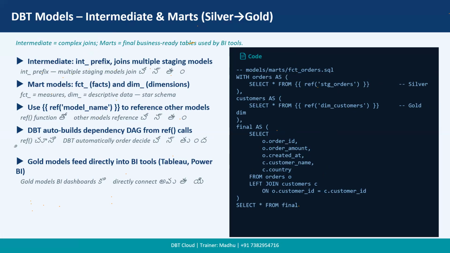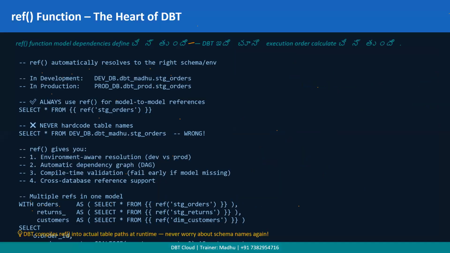Then next is the ref function. How are we going to use the ref? The ref function is the heart of dbt. I will give one simple example. We go to the bank and apply for a bank account.